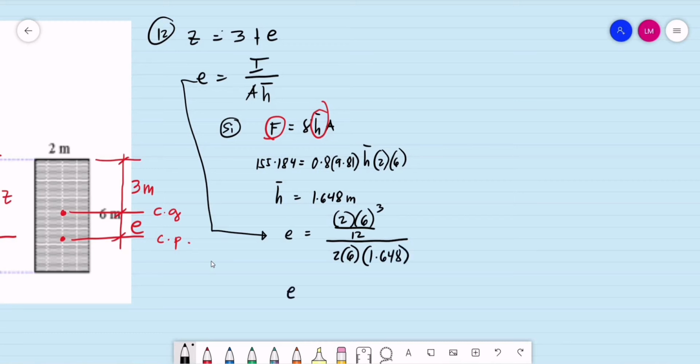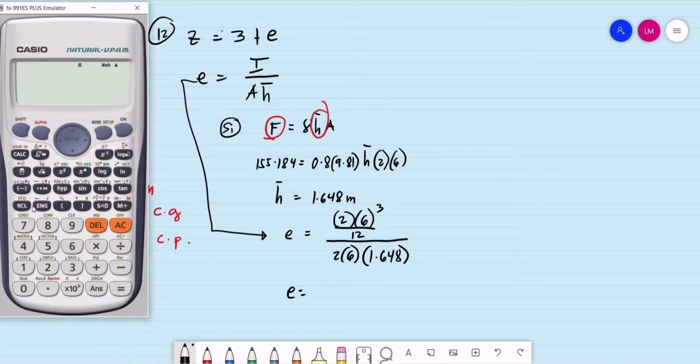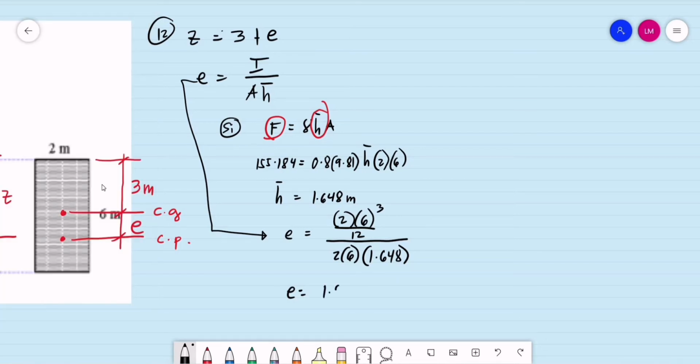So we'll be having the value of the eccentricity equal to 2 times 6 cubed, divided by 12, divided by the area of the gate, 2 times 6, tapos equivalent or parang imaginary bar H, 1.648. So we'll be having a value of 1.820 meters. So that will be 1.82.